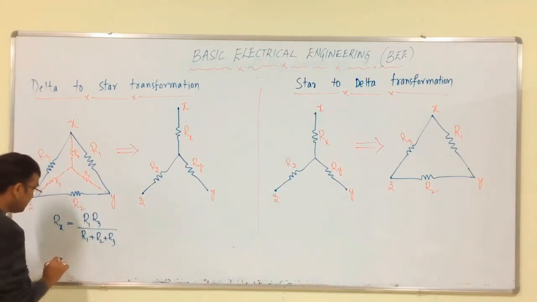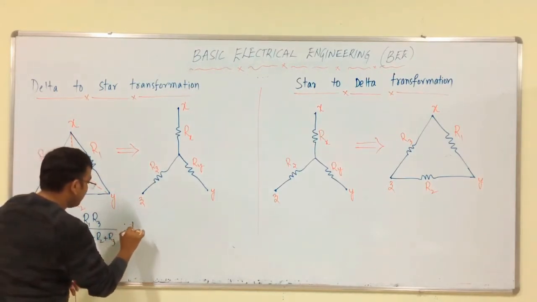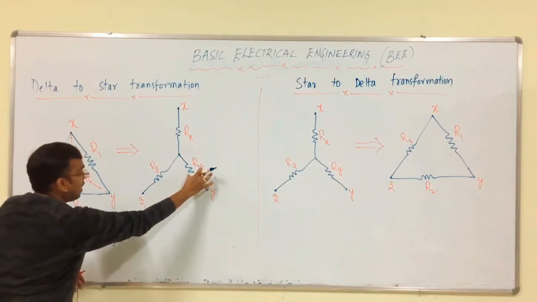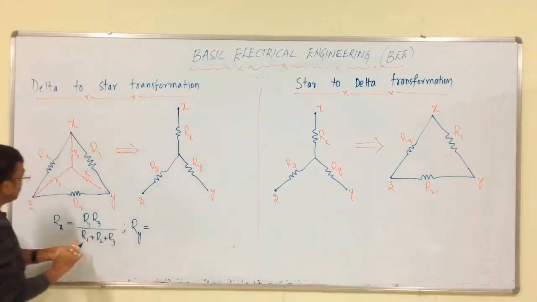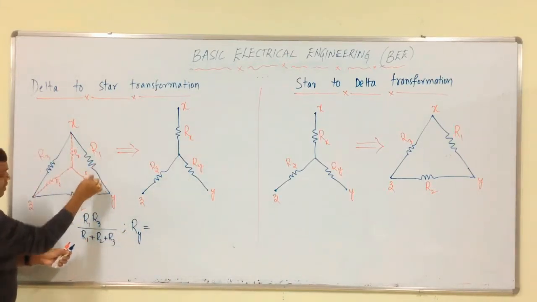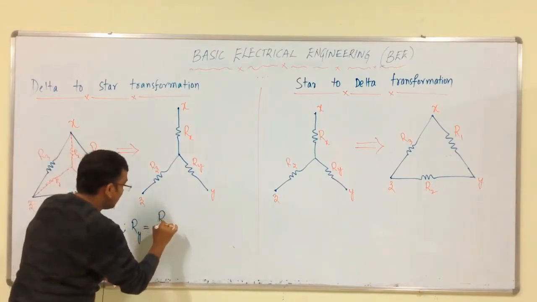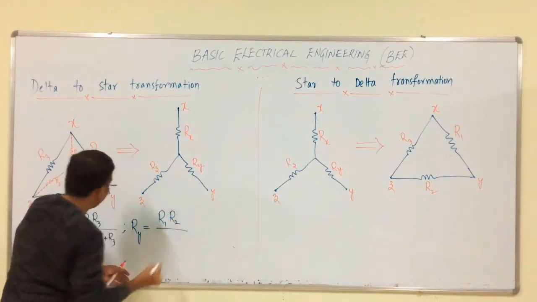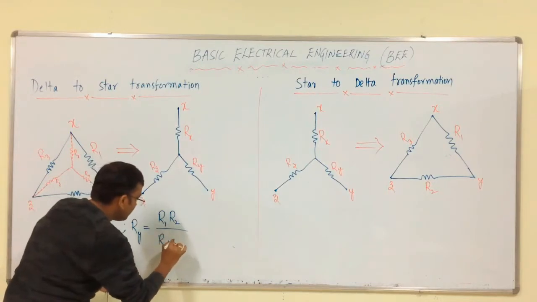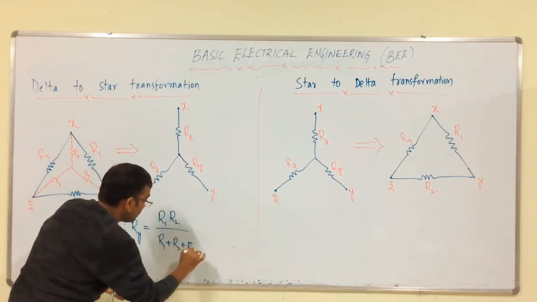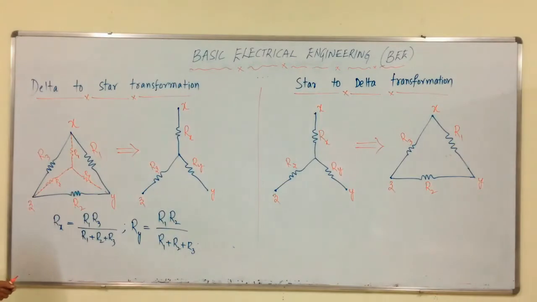Like this, next we want to calculate Ry. Ry is present between R1 and R2, so Ry is R1 into R2 divided by the total resistance R1 plus R2 plus R3.